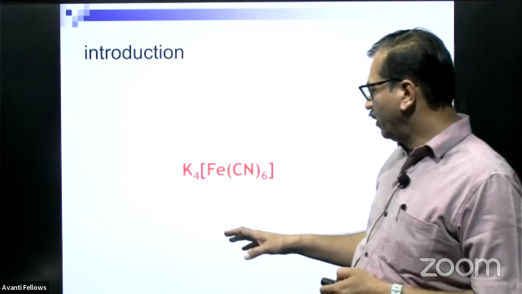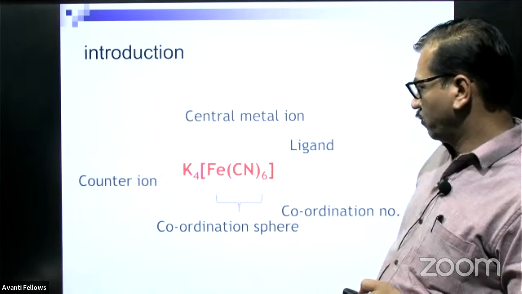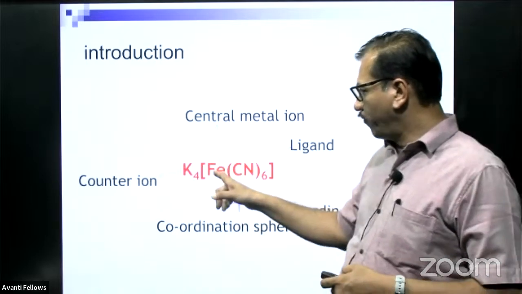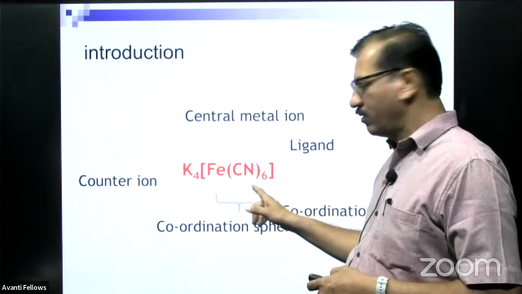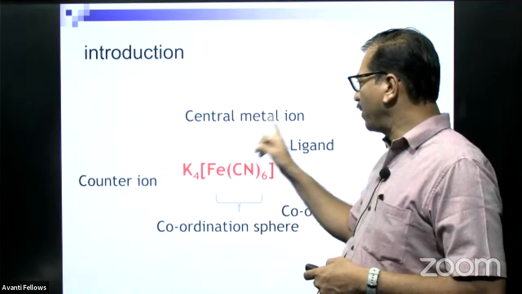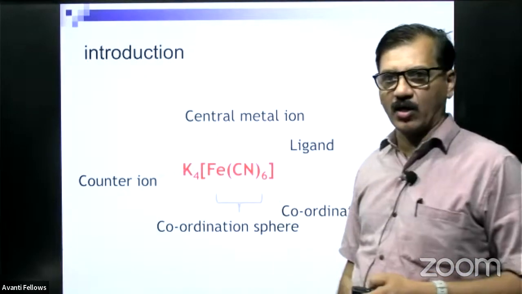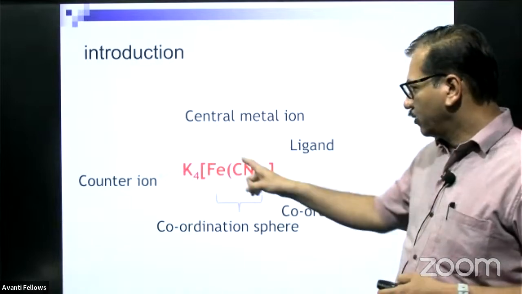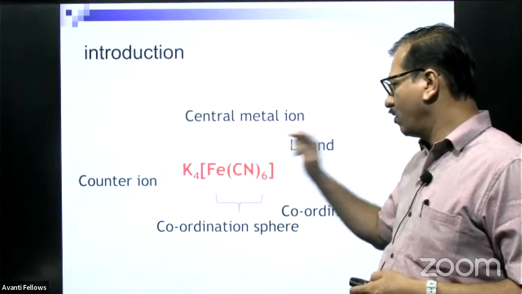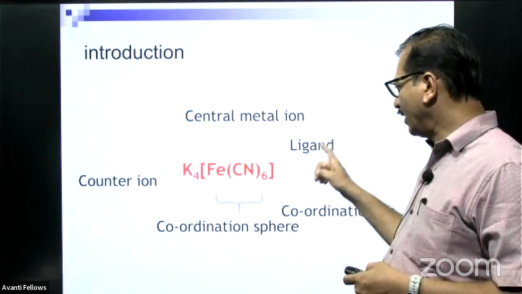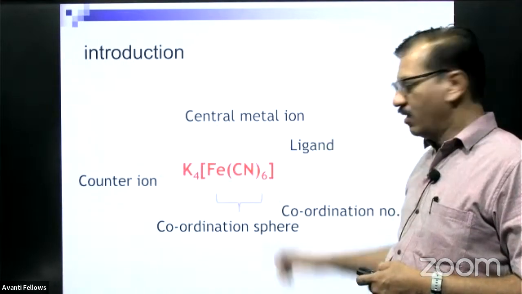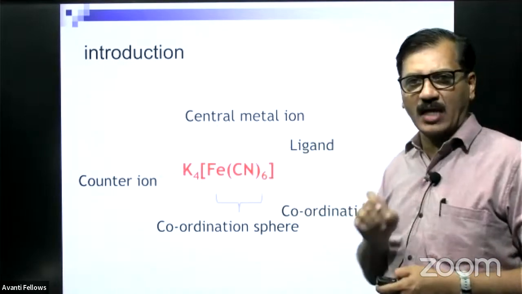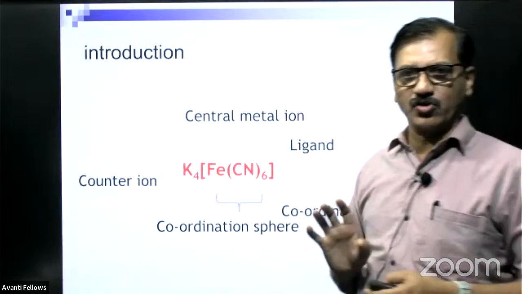Let us know the terms from this. This Fe, which is in the square bracket, is called the central metal ion. The one which is along with the central metal ion is called a ligand. A ligand is one which is capable of donating a pair of electrons.